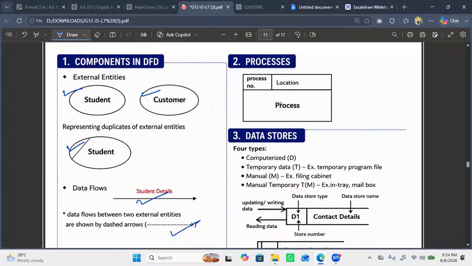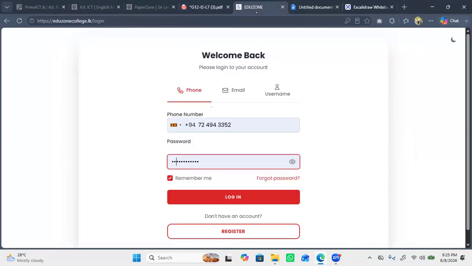Now, in a context diagram, we write each and every process as a separate part. It has three things: the process number, like 1, 2, 3 or P1, P2, P3, then the location, then a small description of what this process is doing. For an example, earlier we said the eduzonecollege.lk system.